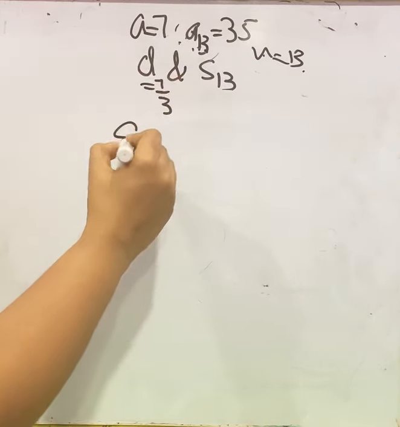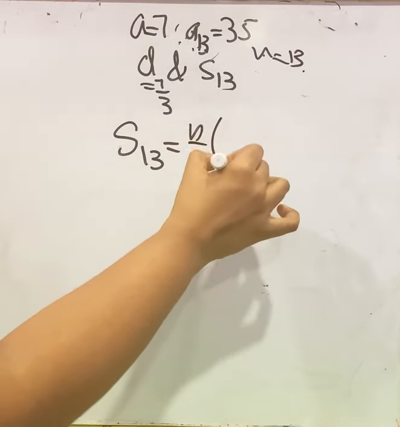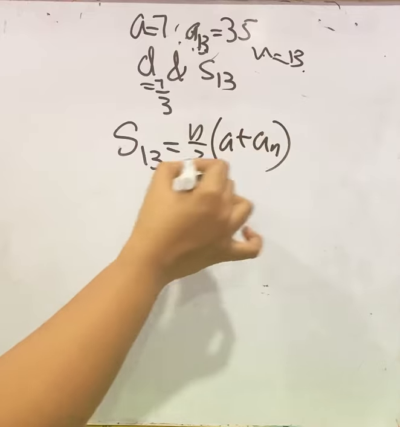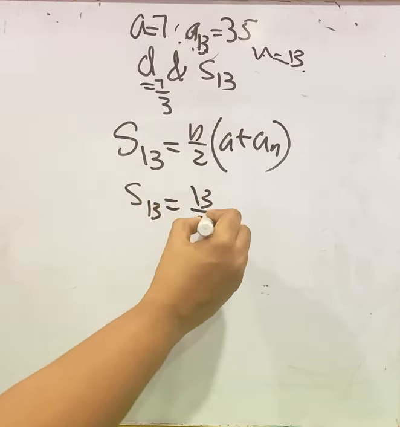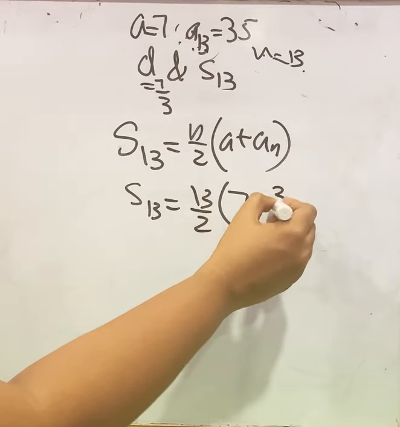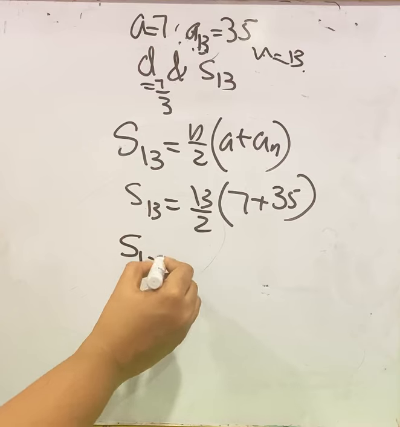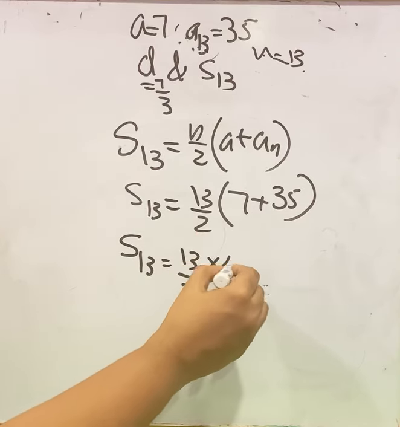Now we have to find S13, and the formula is n by 2 into (a plus an). Here S13 equal to 13 divided by 2 into (a, 7, plus an, 35). That is S13 equal to 13 divided by 2 into 42, since 7 plus 35 is 42.